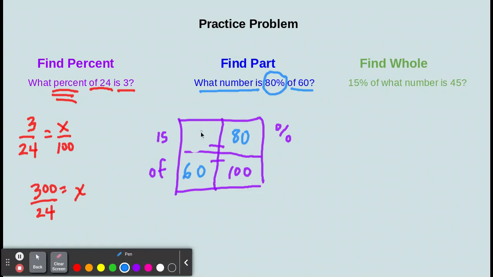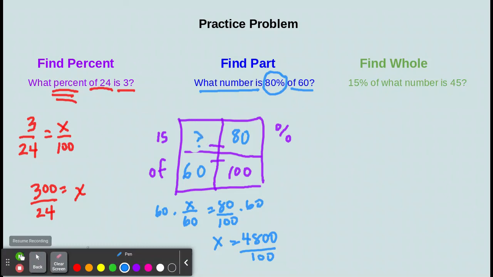We're looking for the what, so that's our unknown. So this equation then becomes x over 60 equals 80 over 100. Multiply both sides by 60. Then you get x equals 4,800 divided by 100. That should give you your is, or your part.